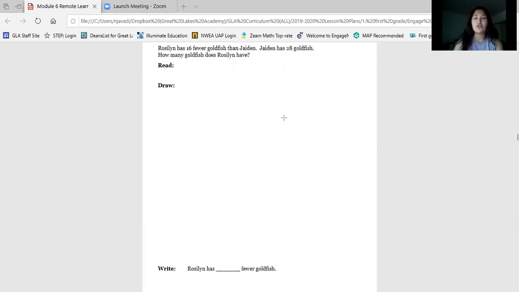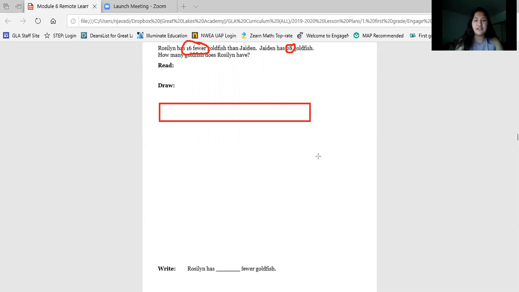First, let's draw the information that we know. You should have already marked up your problem, just like I did right here. Let's draw what we know. In our text, it says Jaden has 28 goldfish. So I'm going to draw a tape or one bar like that to show Jaden's 28 goldfish.